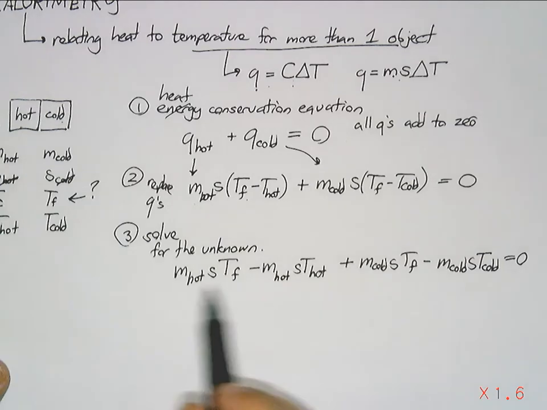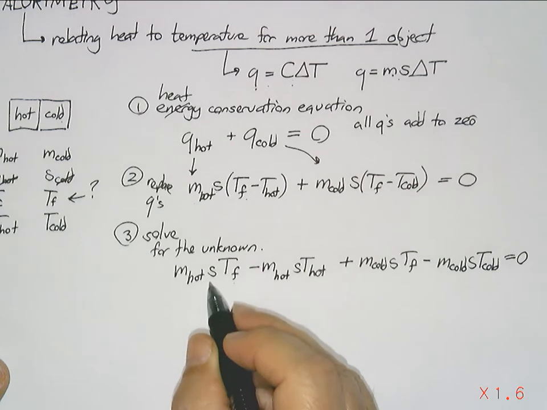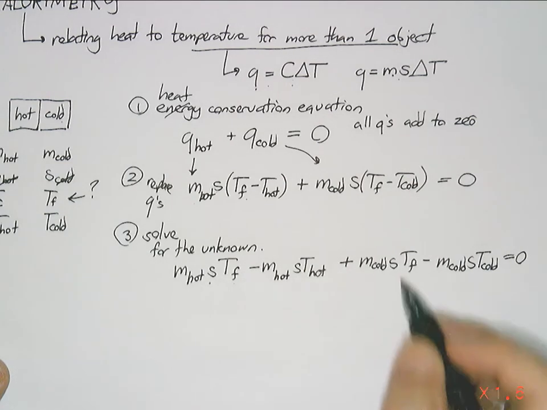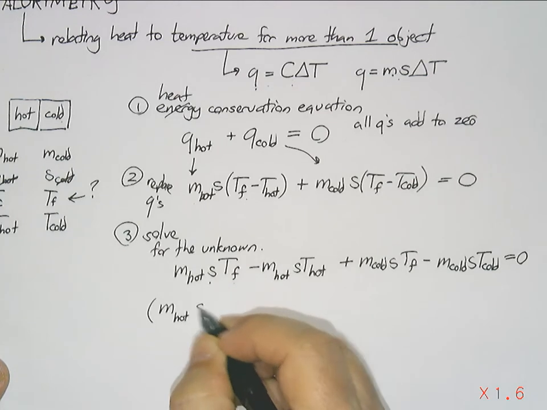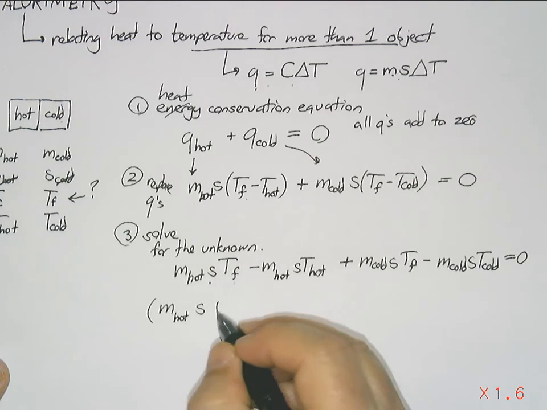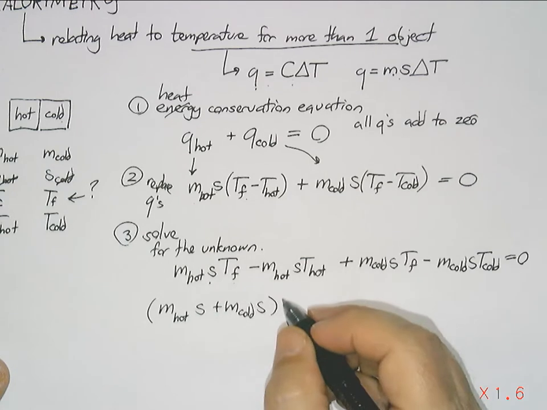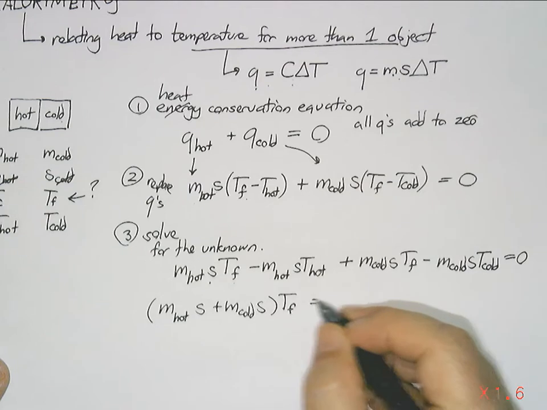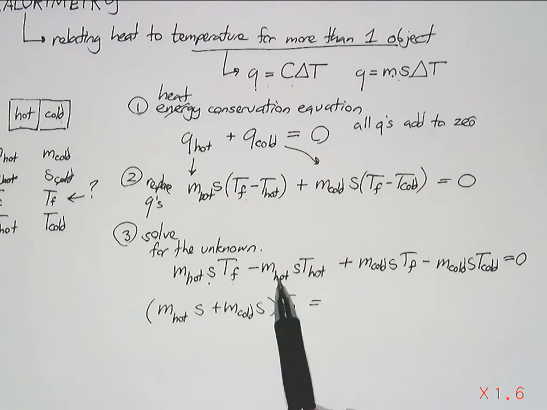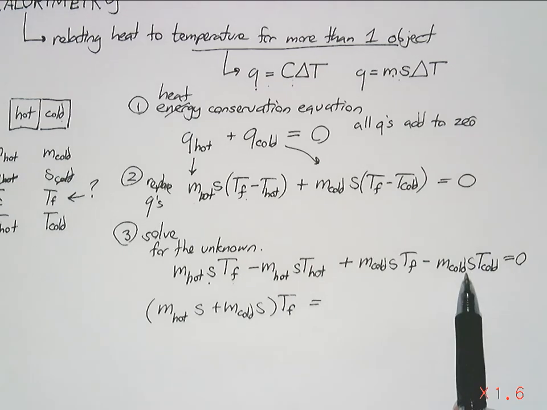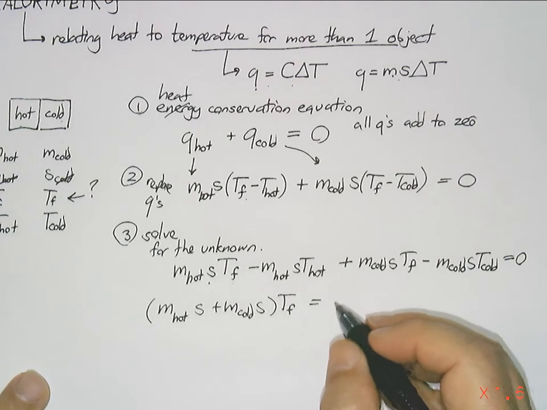So I've got my T_Fs out of the parentheses here. I can collect them together. This one's m hot times S and this one's m cold times S. I can factor that out. Now what I'm going to do with these negative terms here that I haven't looked at yet is add them to both sides of the equation. And that'll move them over to the other side, away from the T_F, which is what I'm trying to do.